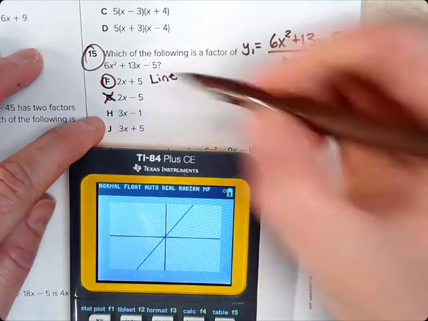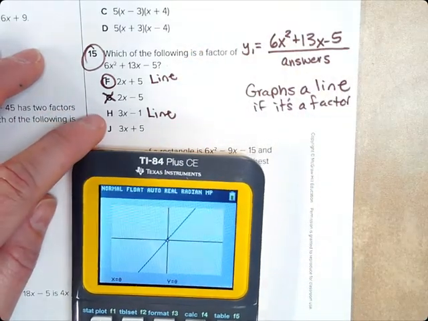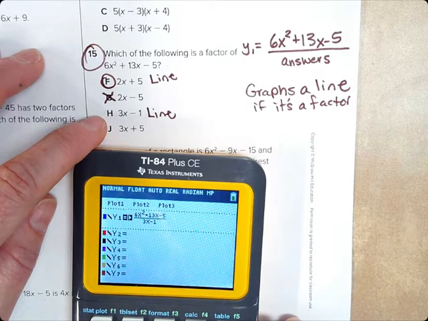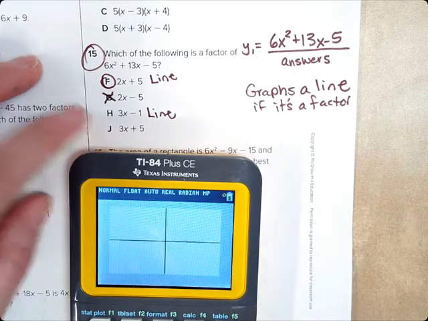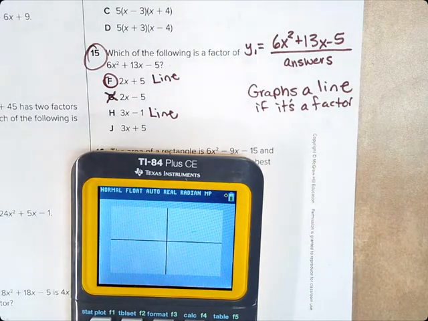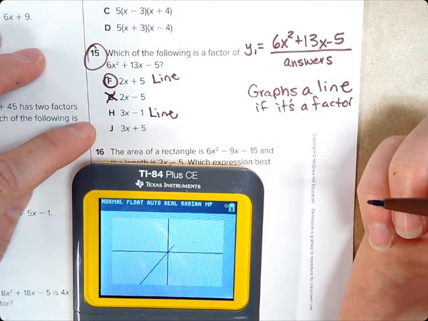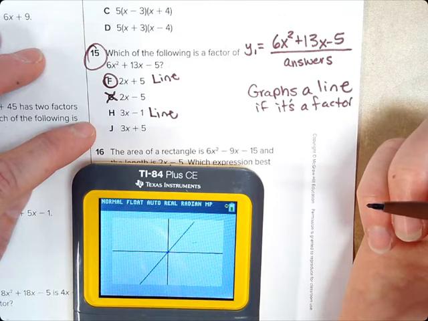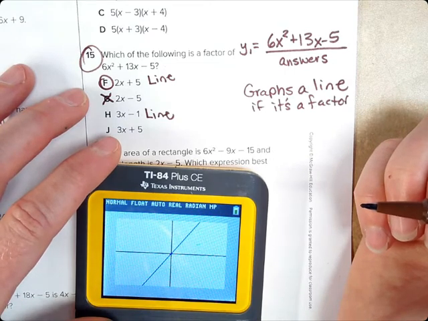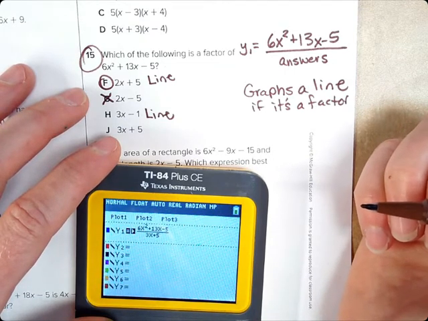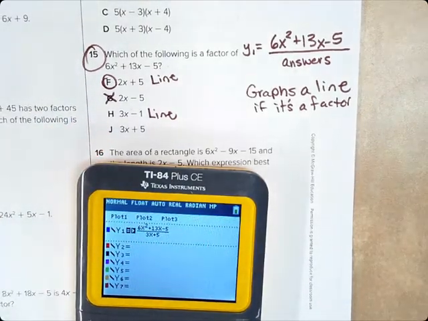That looks like a line too. Uh-oh. So let's go to the last one. 3x plus 5. Because both of them, when you multiply them, it equals 6x squared plus 13x minus 5.